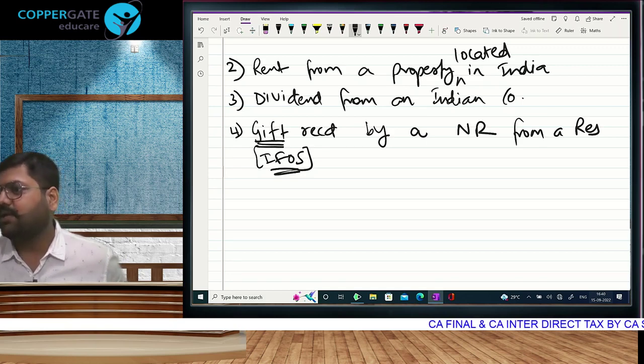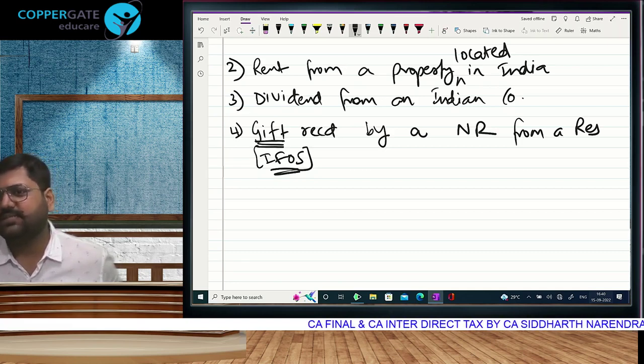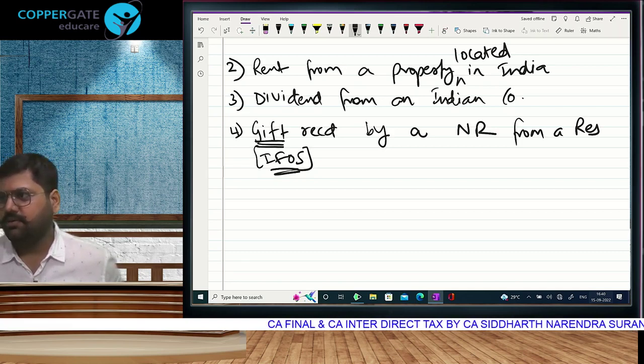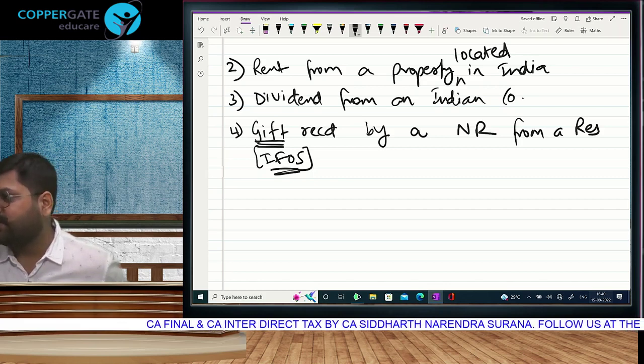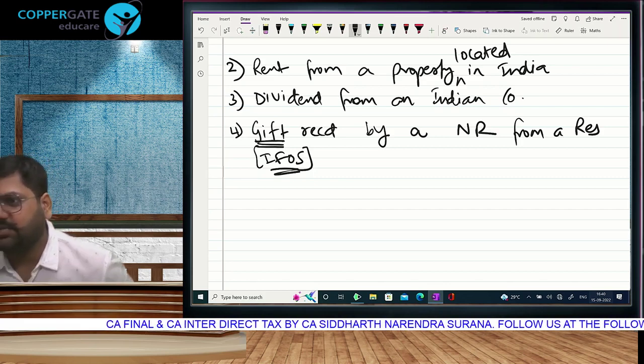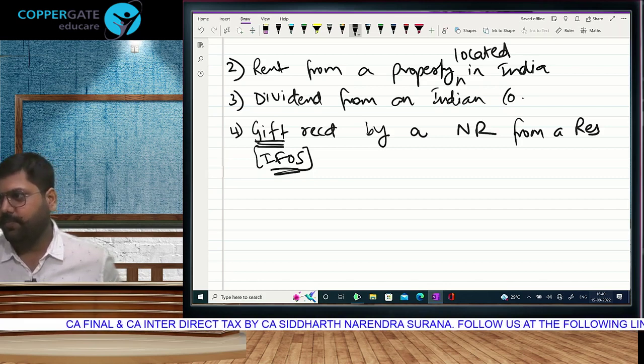One resident giving a gift to a resident: stupid question, the receiver is a resident, we are not interested. Non-resident to resident: again, stupid question. Till the time the receiver of the gift is a resident, there is no discussion about Indian or foreign income.